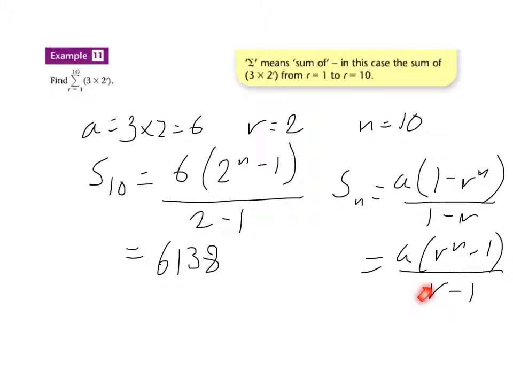In that case you'll find that this is positive, this is positive. If we put it into the first version where r is greater than 1, you'll find that this becomes negative, this becomes negative. It's not a problem when you're doing it on the calculator, it's just a bit untidy. If r, on the other hand, is less than 1, in other words it's fractional or negative, you may find using the first version easier.